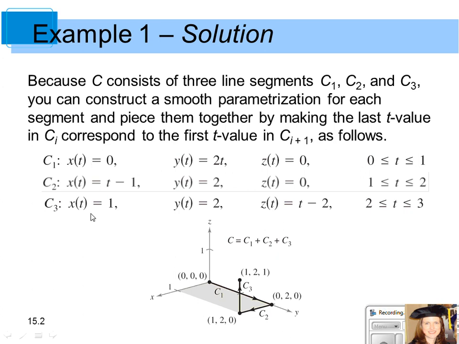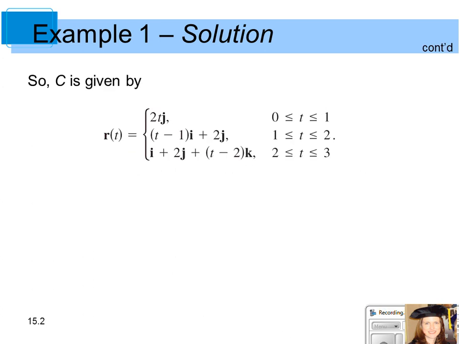We've got 3 different paths. We're going to put them all together to come up with the vector valued function r in terms of t is equal to each of those. We're going to set the x, the y, and the z to be equal to the components of the vector valued function, and we've broken this up into different time intervals.